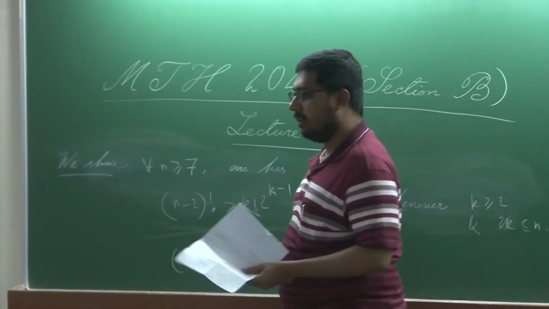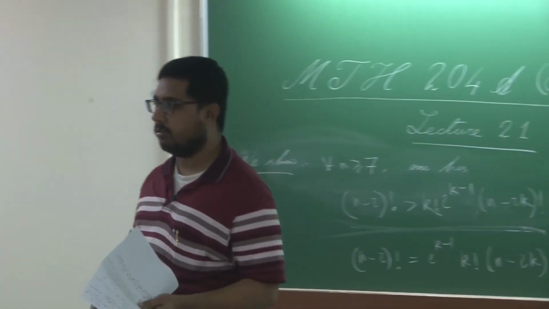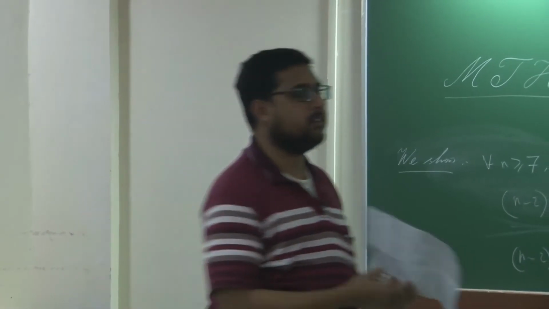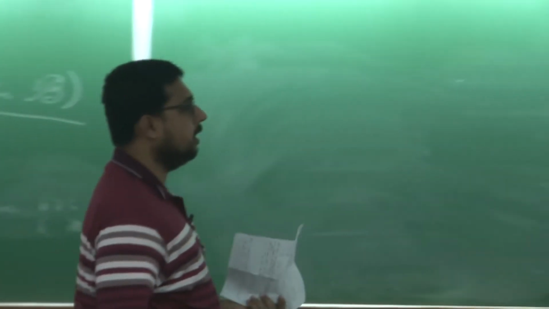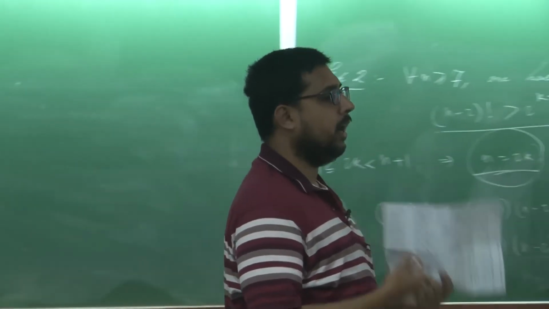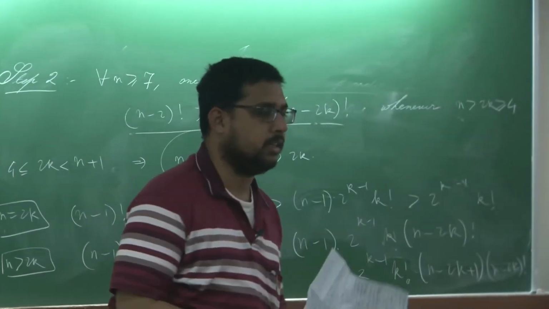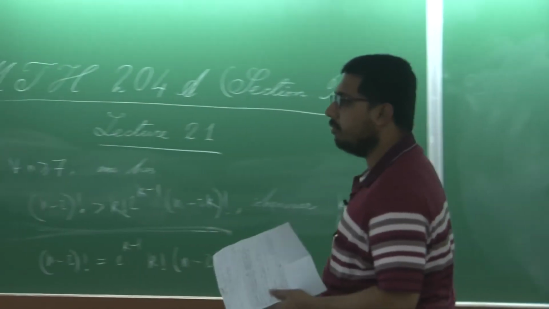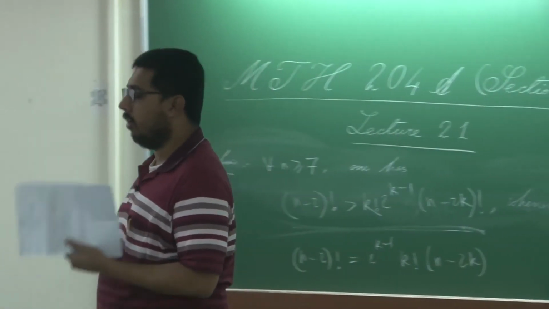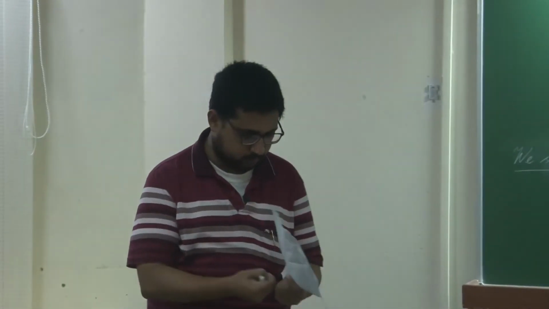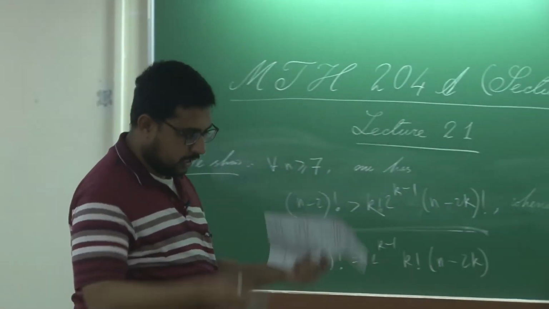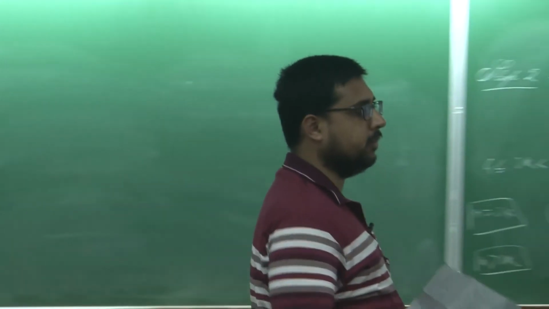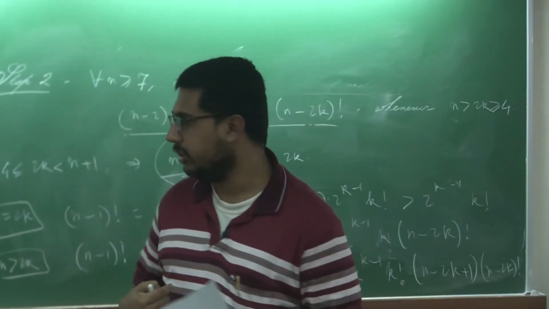Because we see that for all n not equal to 6, if k is greater than or equal to 2, then such a conjugacy class, which consists of all permutations which are products of k disjoint transpositions, its size is certainly different from that of the conjugacy class of all transpositions.